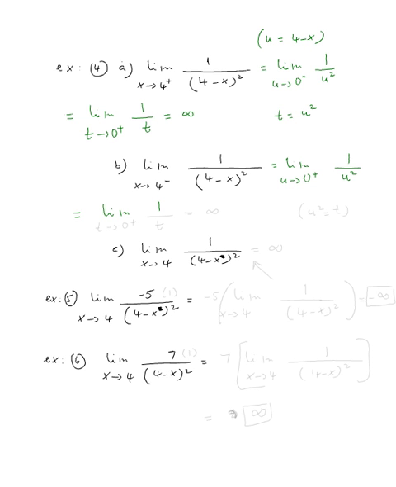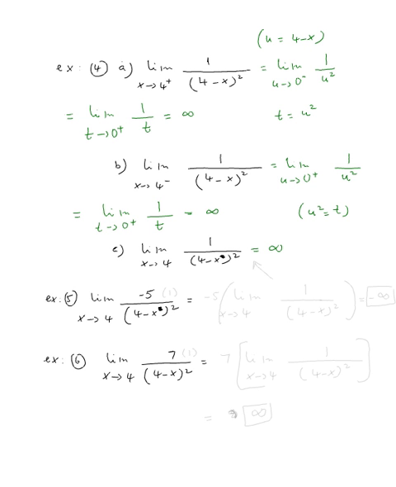A limit of 1 over t, where I let u squared be t. Now t will approach 0. When you square something, it's still going to be positive. So this is positive infinity. Positive infinity from the right and left. Therefore, this limit as x approaches 4 will be positive infinity.